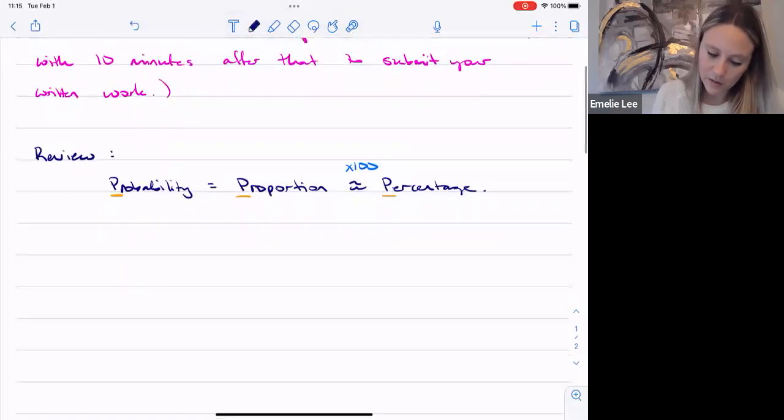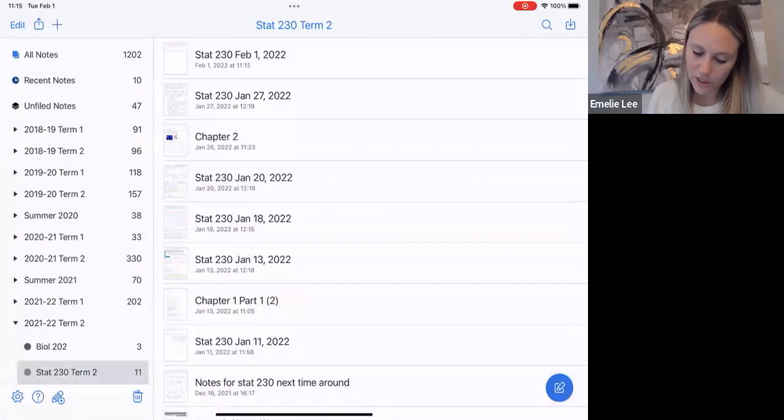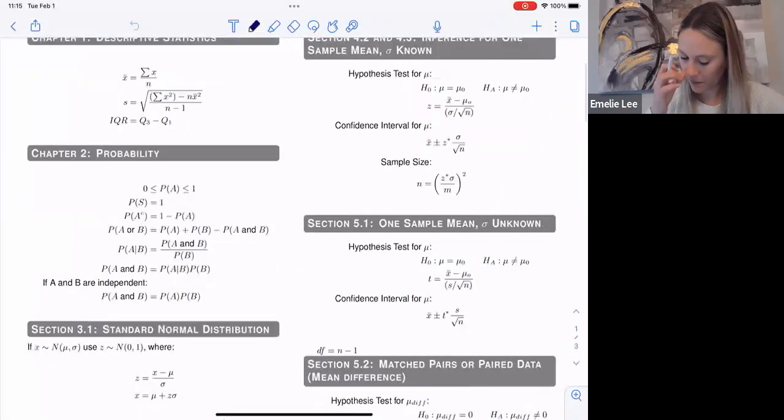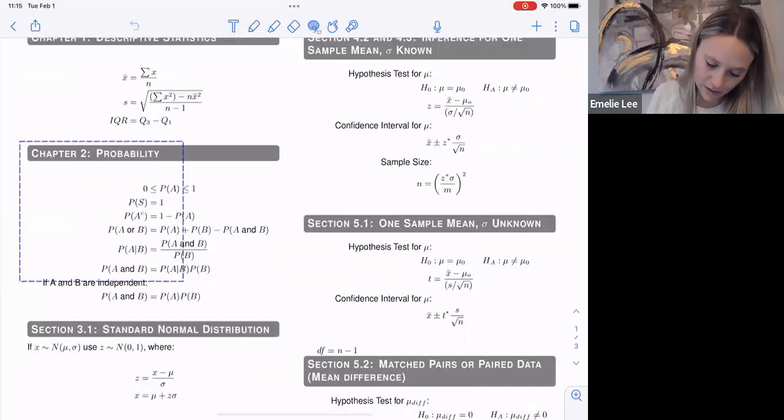Okay, I posted that formula sheet, and there are a couple of things there that I wanted to grab here.